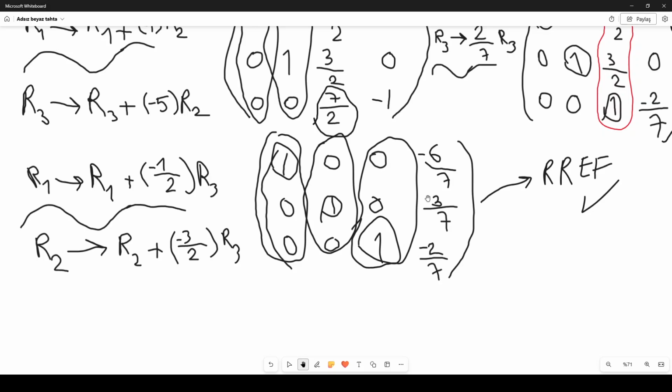In other words, all 3 conditions are satisfied for a matrix to be in the reduced row echelon form. And then what are we gonna do? We're almost done.